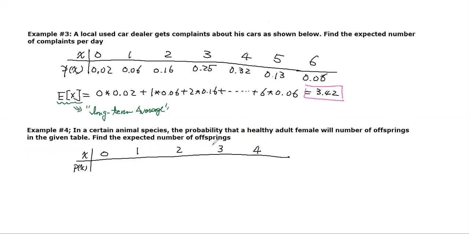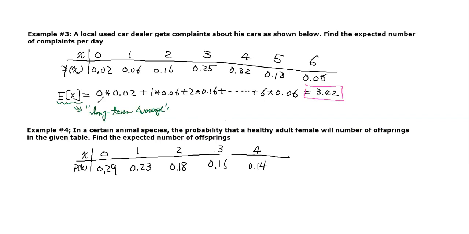The chance to have no offspring is 0.29, this is 0.23, this is 0.18, this is 0.16, and 0.14.